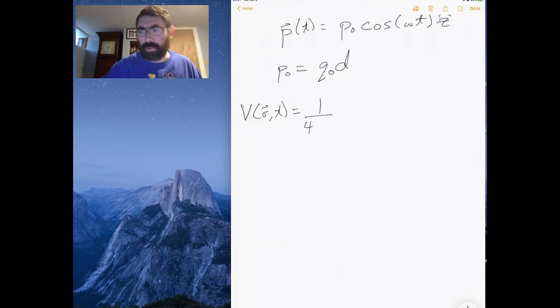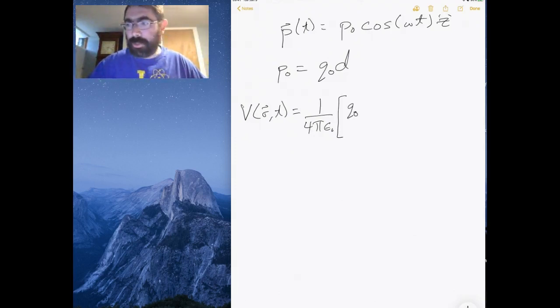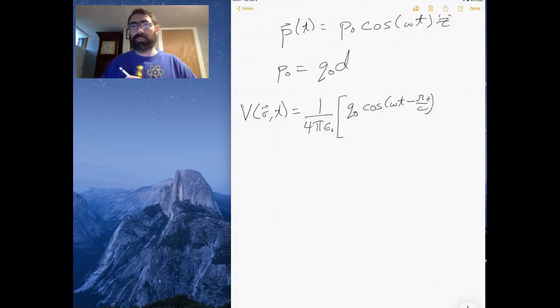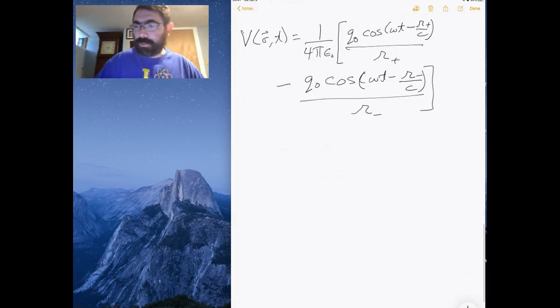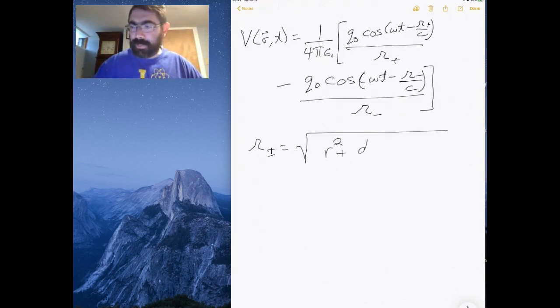is equal to 1 over 4 pi epsilon naught times q0 cosine of omega times (t minus r plus over c) divided by r plus, minus q0 cosine of omega times (t minus r minus over c) divided by r minus, where r plus and minus is equal to the square root of r squared plus (d over 2) quantity squared, minus plus r d cosine theta.